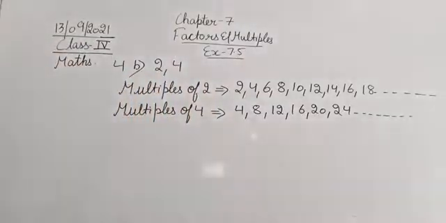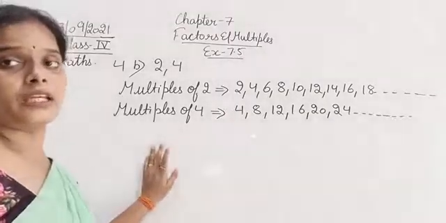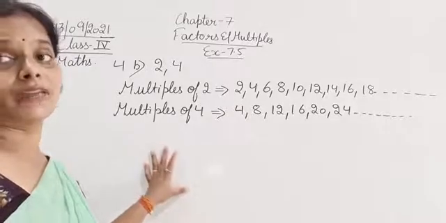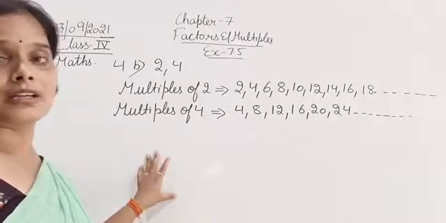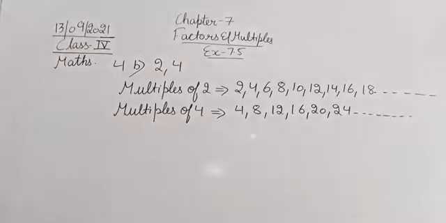So we have listed some multiples of 2 and 4. Now the next step is to find the common multiples.